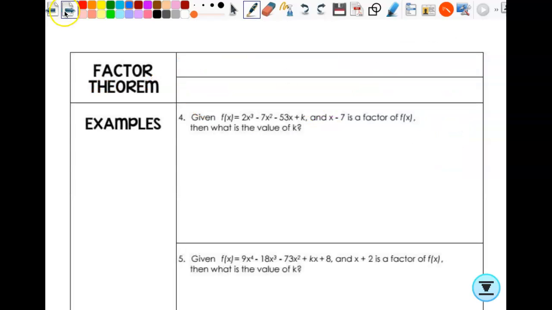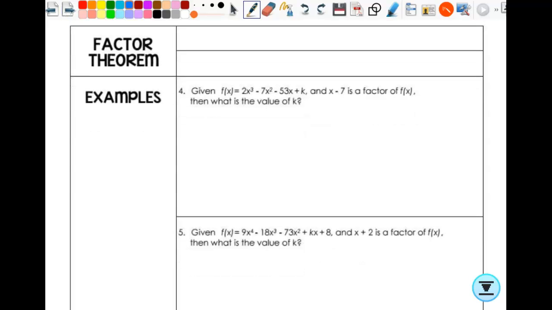Okay. All right, so then let's talk about the factor theorem. We've actually talked about it a few times. We just didn't really write it in words.